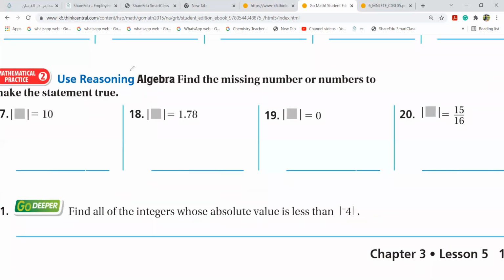This is very simple. What do you think can come here as a question? When this is 10, it can be negative 10 or positive 10. Both answers work, because the absolute value is 10, right? Even this is negative 1.78 or positive.